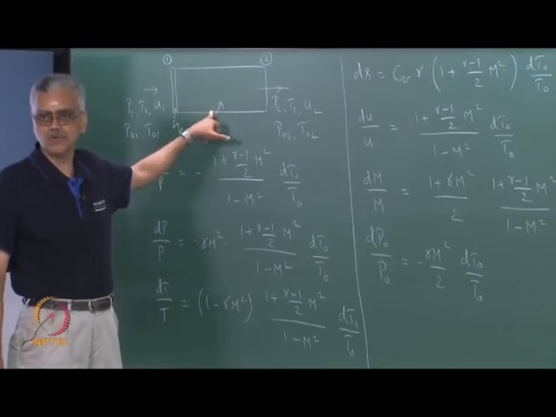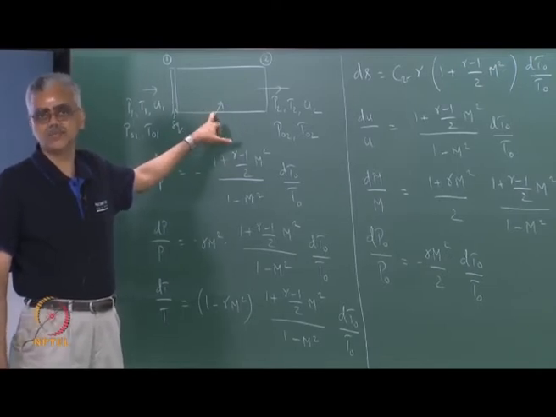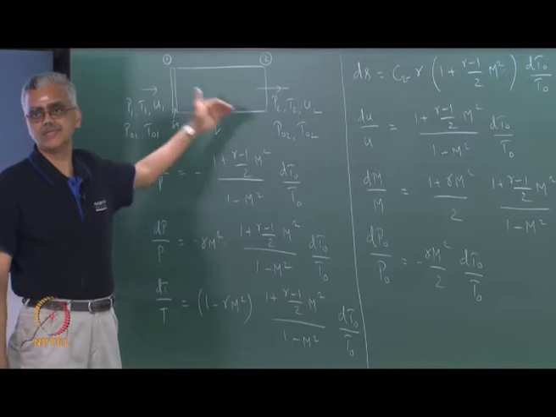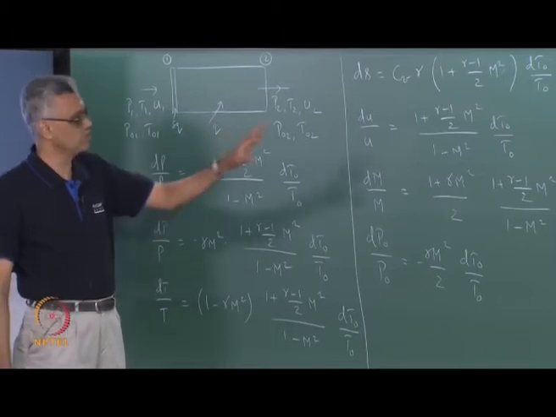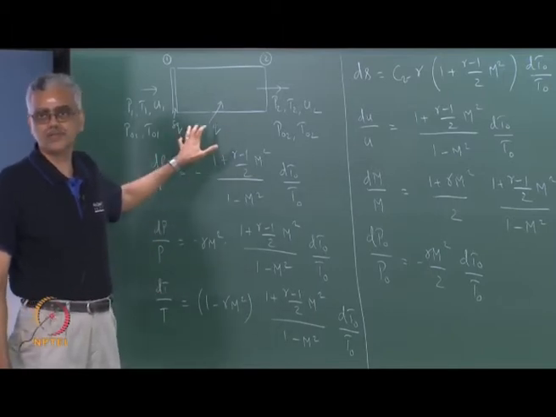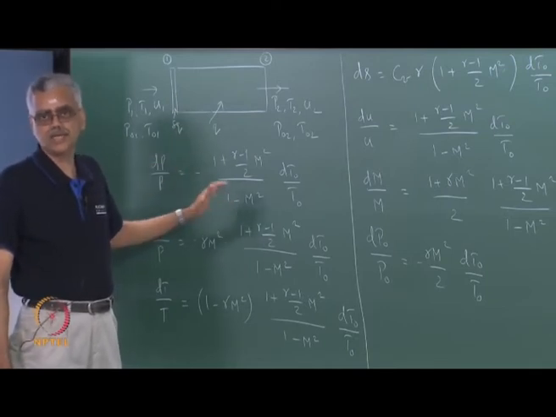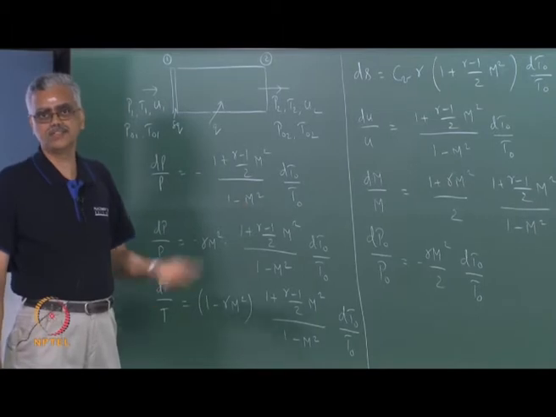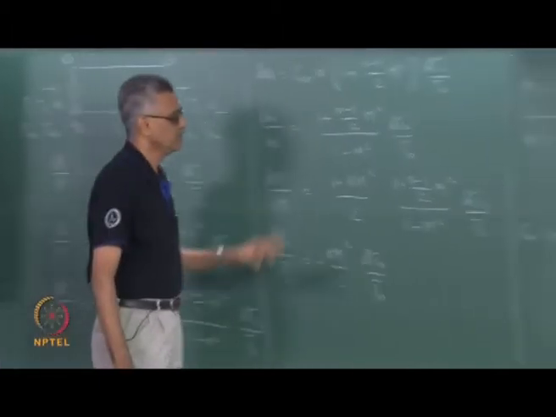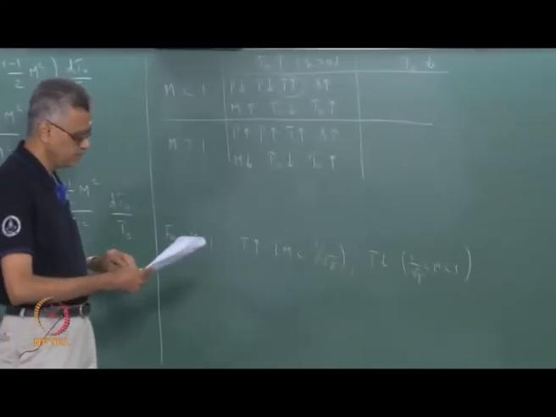This can be a reversible heating process, but still the entropy will increase because we are transferring entropy to the system. So, that is what this is due to, which is why entropy increases in both the cases, subsonic and supersonic case, and stagnation pressure decreases in both the cases. Okay? That is a summary of the findings.